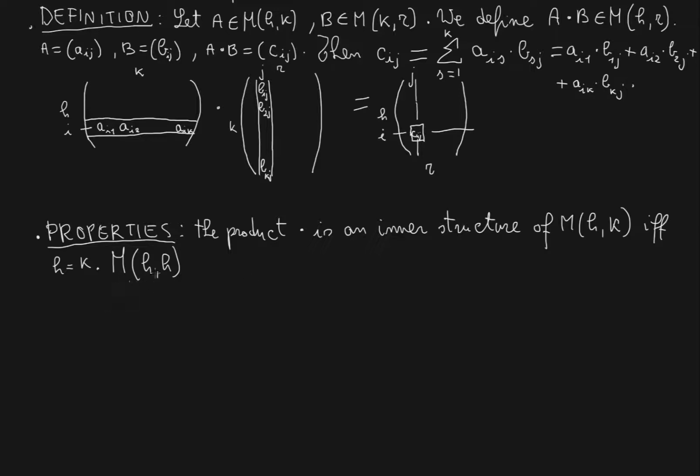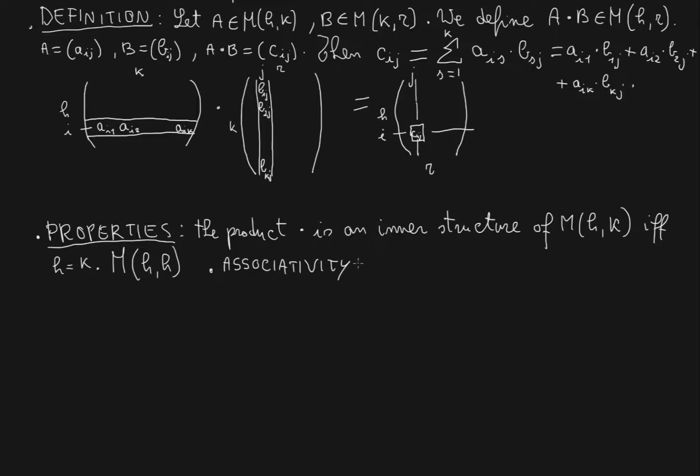Now, since the product is an inner structure in M_{H,H}, one may wonder the next step: is it a group structure on M_{H,H}? Remember, when we introduced vector space structures, we said that the vector space must have an additive structure, so a plus operation inside the set, and this operation has to satisfy a number of properties. The first one was associativity.